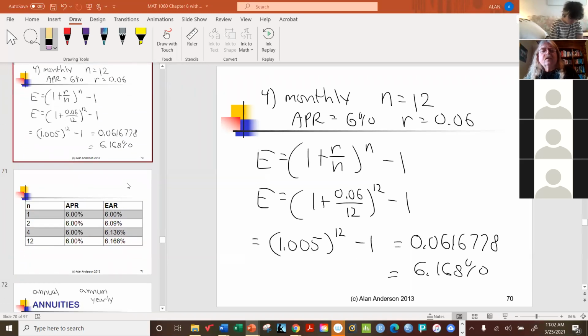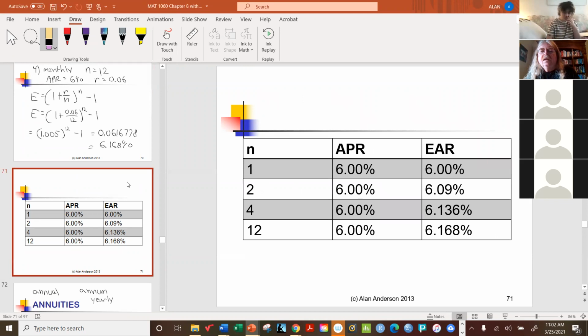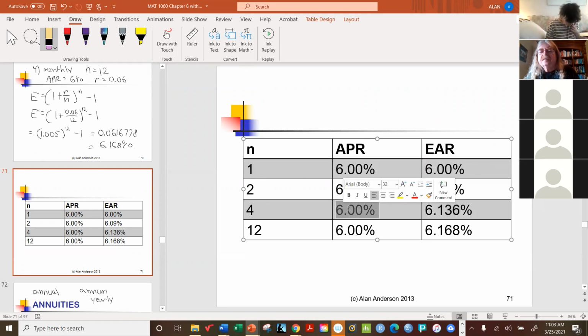So once again, I put together a little chart for you so you can see the differences. And what's interesting is that the spread between the EARs and the APRs, well, these are of course the same with one compounding period. The gap between these gets bigger as the APR gets bigger.